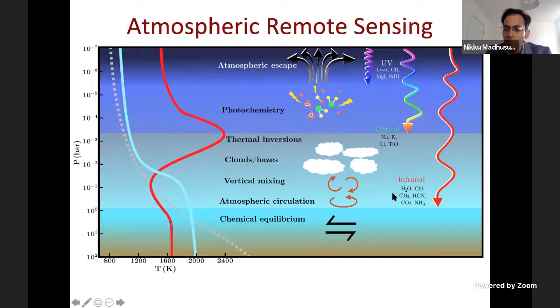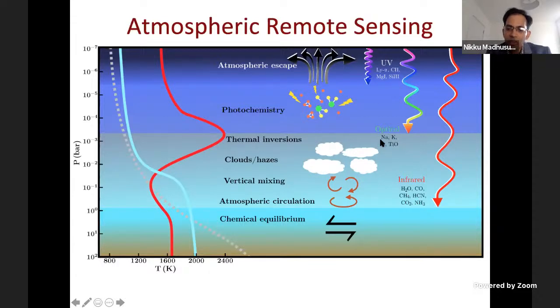That's because of the opacity of the different species that dominate different parts of the electromagnetic spectrum. For example, if you're looking for molecules, you can probe deeper in the atmosphere at infrared wavelengths, all the way to the 1 to 0.1 bar level, where you probe all these molecules, which themselves act as tracers for various chemical and physical processes in the atmosphere.